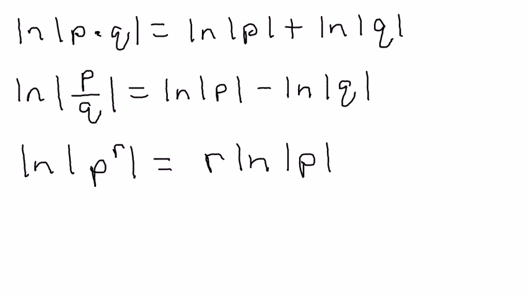So let's do a couple of examples here with these derivatives, and you'll see me apply these properties in many of the situations. On our first one, let's say we have something like y equals the ln of the absolute value of the square root of x. The first thing I'm going to write is the ln of x to the 1/2 power.